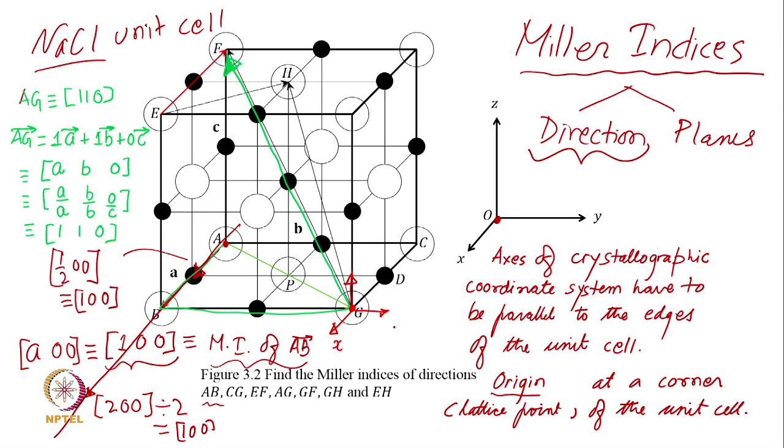So, x, y, z I have to keep the same. So, then going from G to F, I have to go -1 along x, -1 along y and 1 along z. So, -1, -1, 1, and crystallographers decide to write the minus on the top as a bar. So, that is the Miller indices of direction.